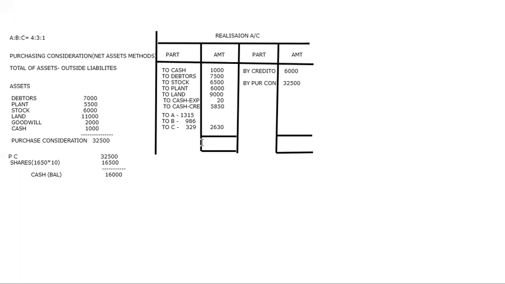So the total is 38,500 here, as well as 38,500 here. Now my realization is completed. Now here I'm going to draw simultaneously my cash as well as my capital accounts.